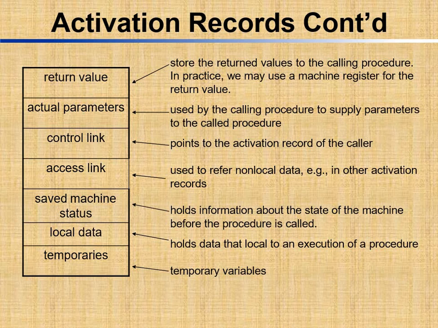The access link is used to refer to non-local data, for example in other activation records. The saved machine status holds information about the state of the machine before the procedure is called. The local data holds data local to an execution of a procedure, and then there are the temporary variables.